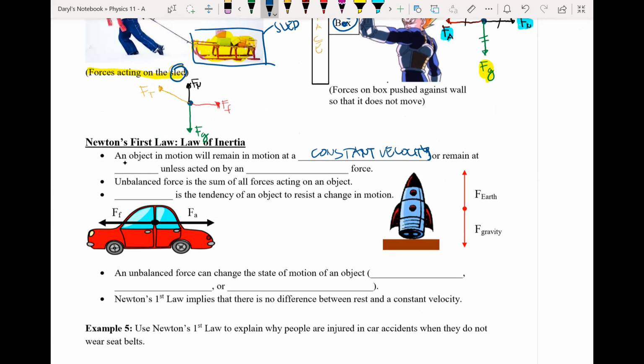When you say constant velocity, you know that acceleration is equal to 0. So automatically, constant velocity means acceleration is equal to 0. An object in motion at a constant velocity or at rest remains so unless acted upon by an unbalanced force.